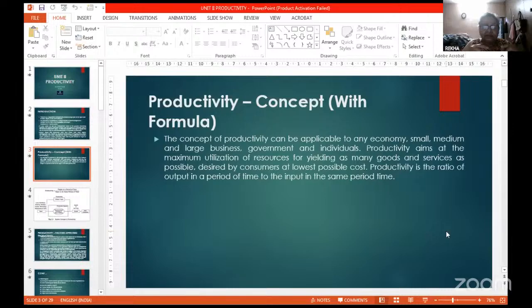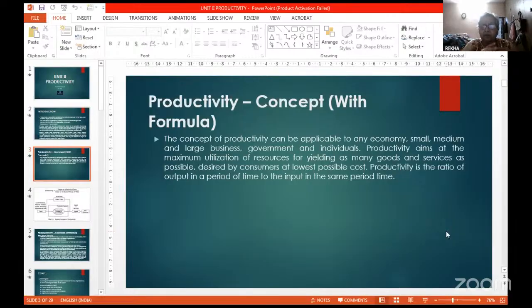So these two things we have to remember. Whatever resources you have should be properly utilized, and the unnecessary time and money should not be wasted. Then only you'll be efficient and effective, because you'll be producing what the consumer demands.